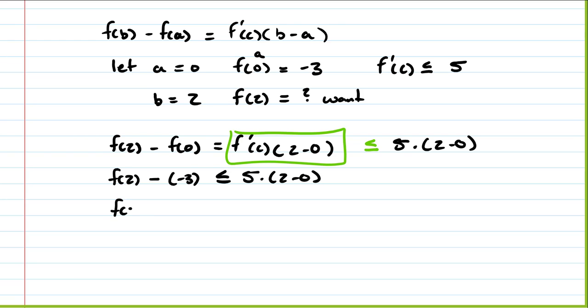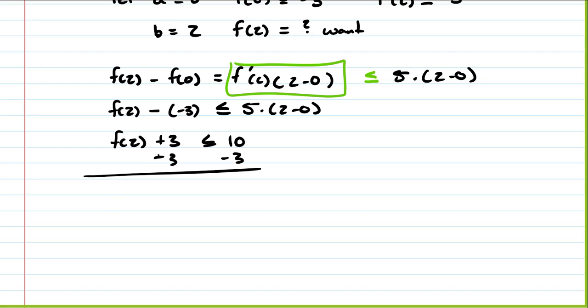So then f of 2 plus 3 is less than or equal to 10. So we subtract 3 from both sides, and we have that f of 2 would have to be less than or equal to 7. So the biggest value that f of 2 could possibly have would be 7.